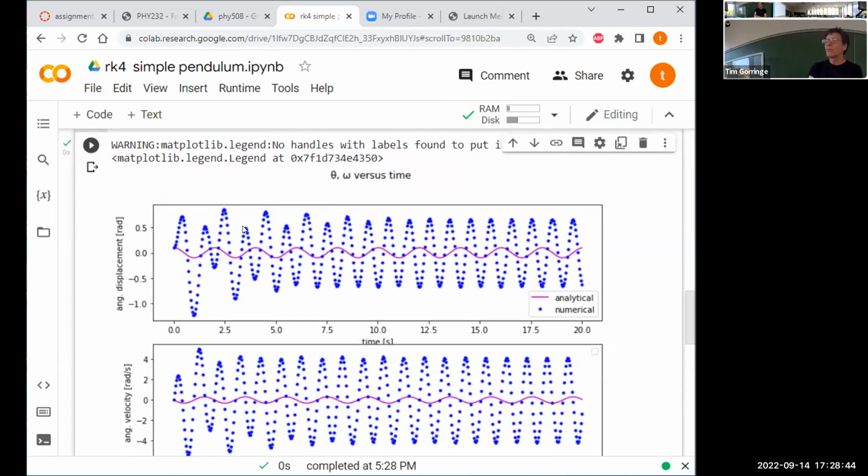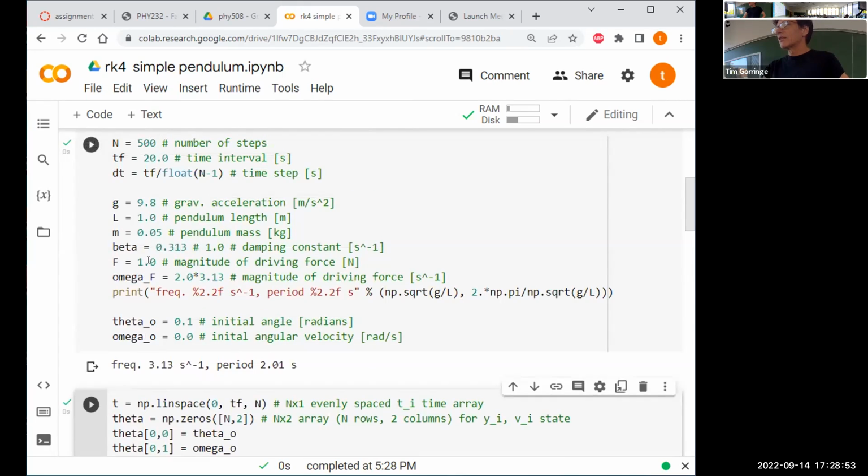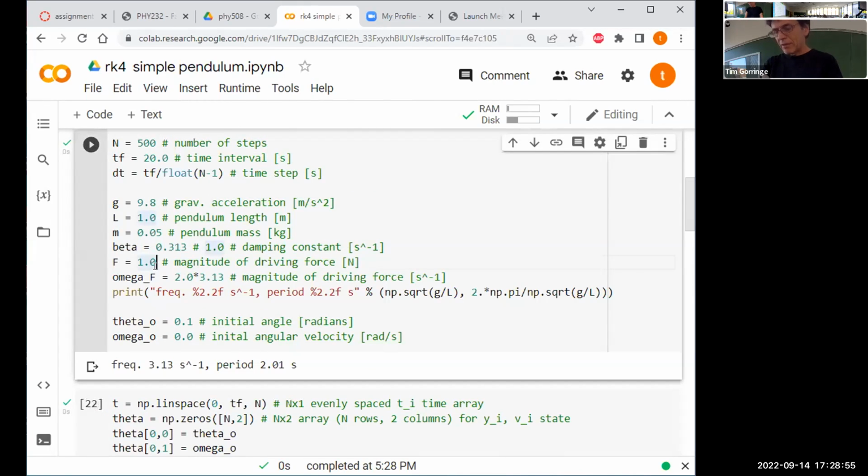Okay, so what are we seeing here? Remember the magenta, actually, let me just change later on. I think this is a big driving force. We'll compare it with a small one.